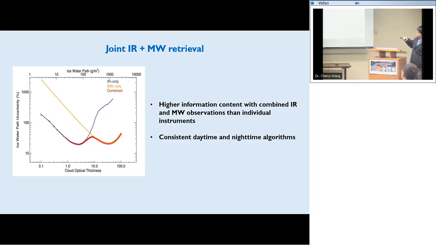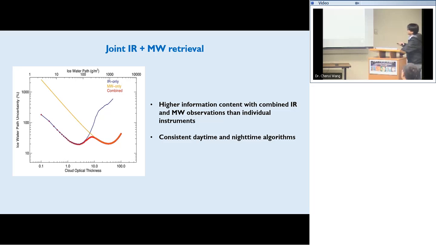When you have small optical thickness, you have larger uncertainties from microwave, but when the COT goes larger, the microwave gives you lower uncertainty. If you combine them together, which is the red one, because of the larger information content you have, it gives you the lowest retrieval uncertainty.